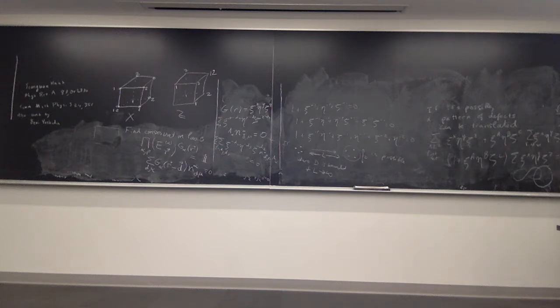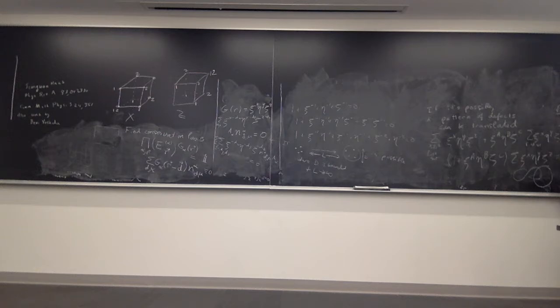So now all you have to prove is that if this condition were 0 on at least one component, there would be a way to create defects over here and move them somewhere else.